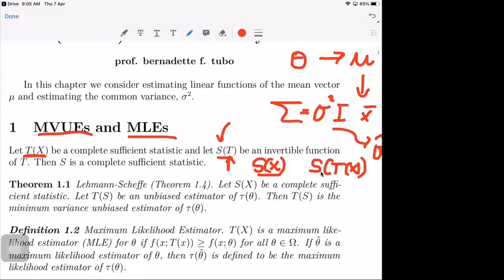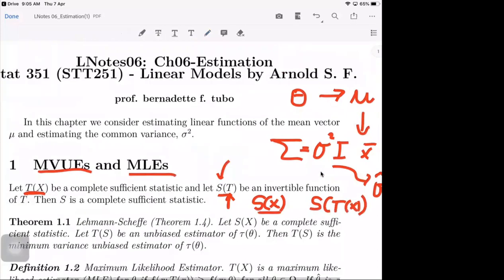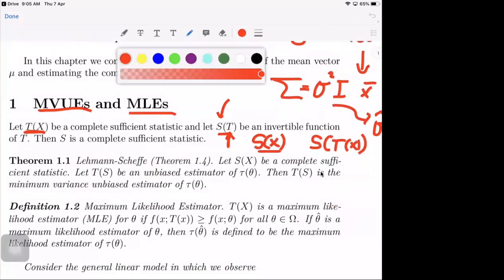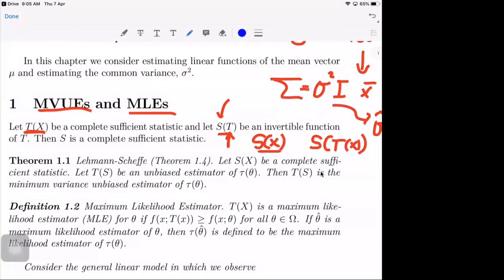An example of that: say you have X observations and you get the sum of the X's. Now, the sum of the X's is a sufficient statistic, as well as a complete sufficient statistic.